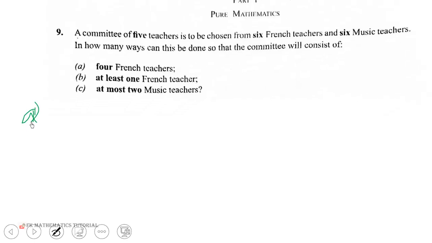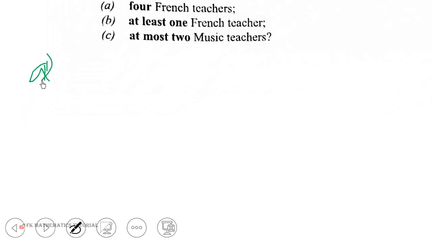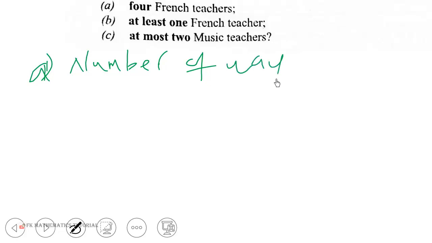For the first one, number of ways we can choose 4 French teachers from 6 French teachers is 6 combination 4.